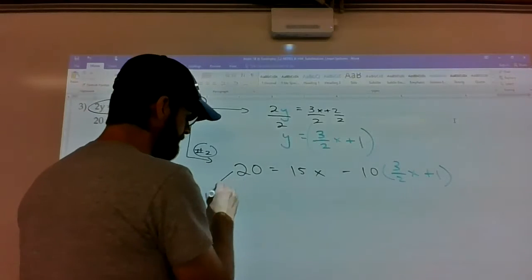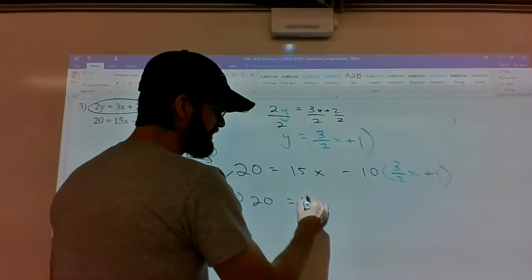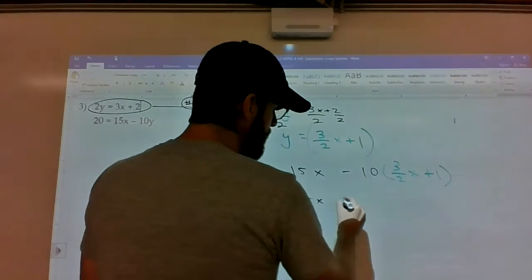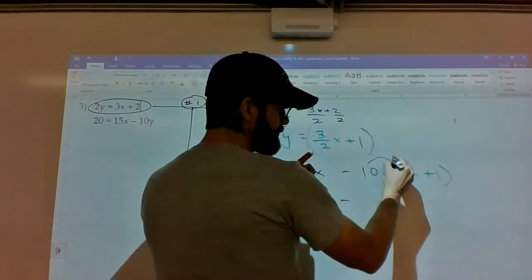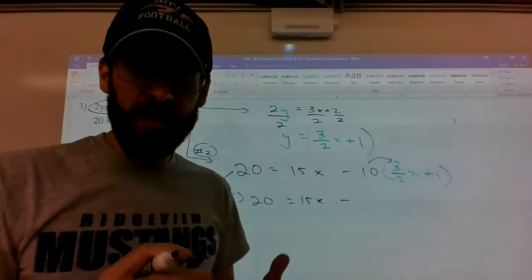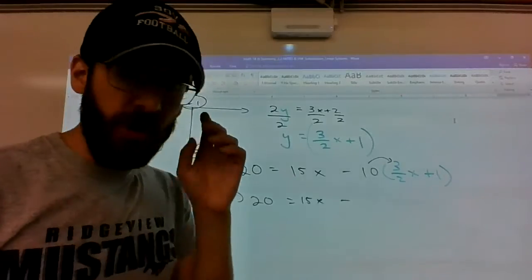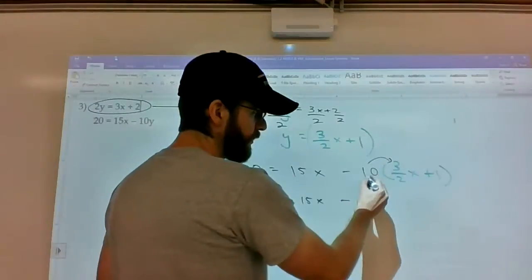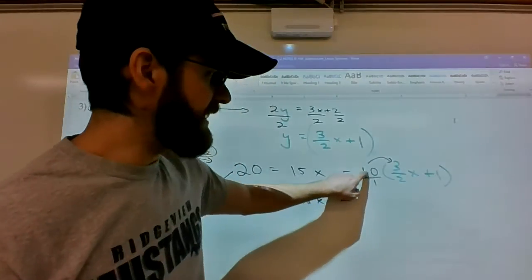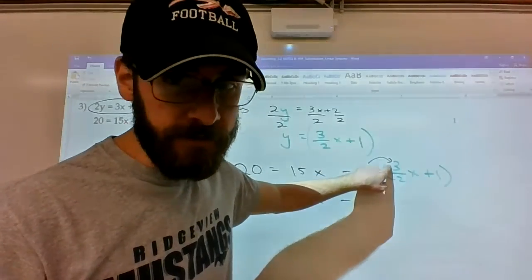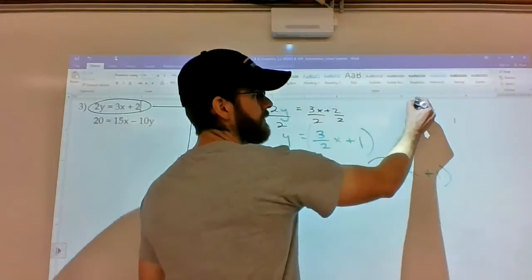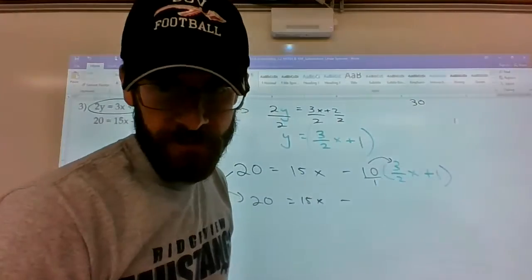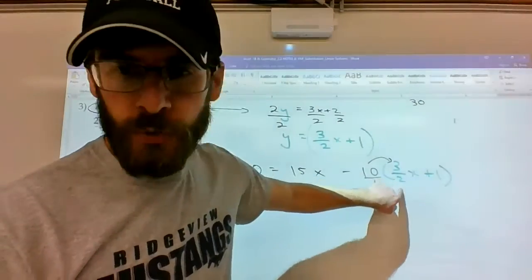All right, so we take 20 equals 15x minus, so you take 10 times 3 halves. You can plug that into your calculator, but if you know how to multiply fractions times whole numbers, it's just 10 times 3, which is 30. I'll do the calculation up in the corner there. Divided by 1 times 2.